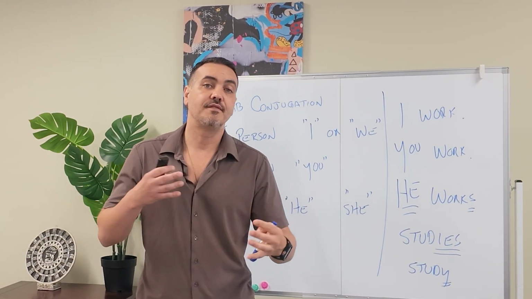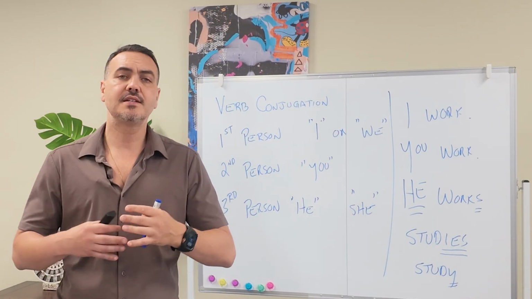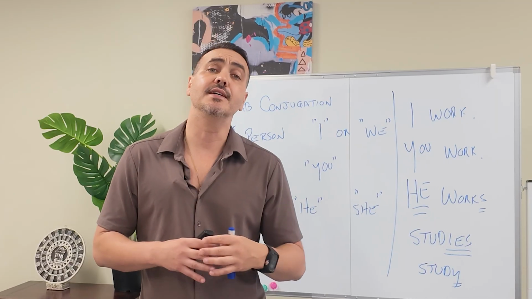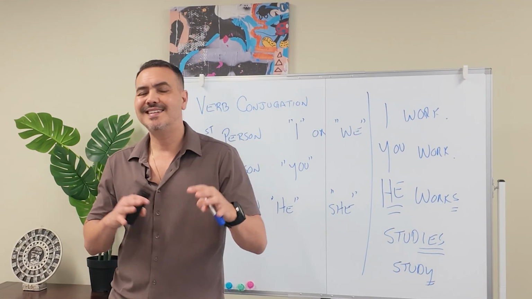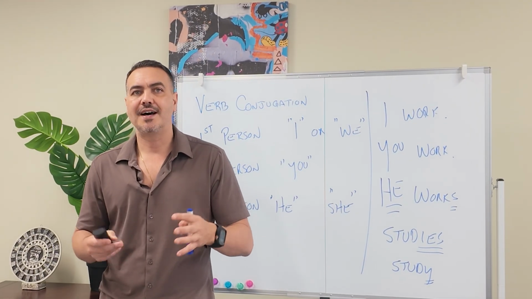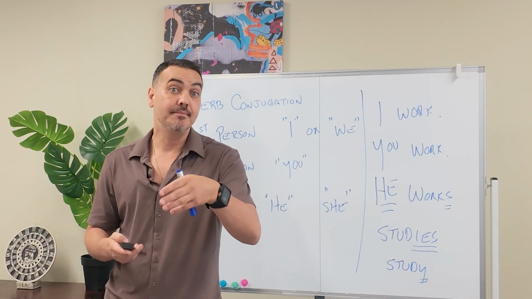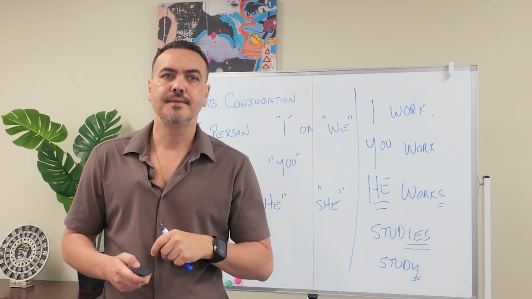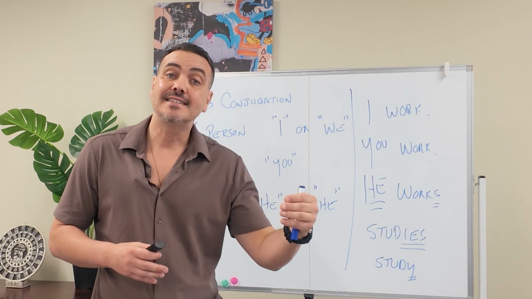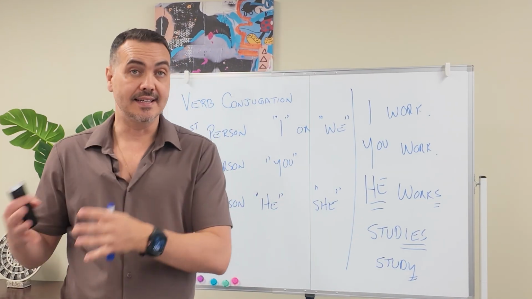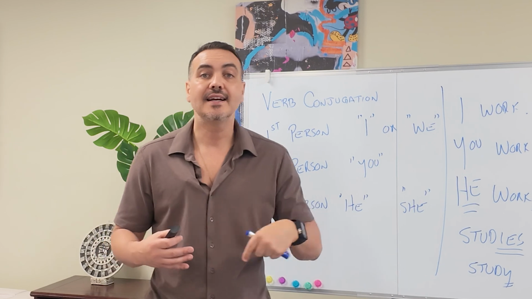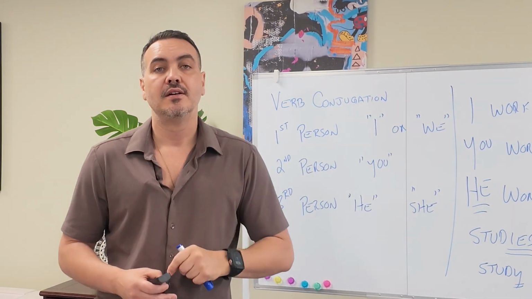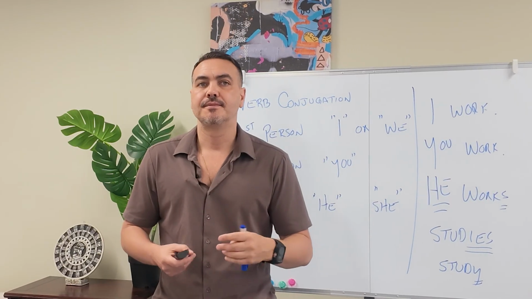So let's look at the verb to be. This is always an important one. This verb is irregular. And it means it doesn't follow the normal pattern. When we say I am, you are, okay? He is, she is, we are, they are. Okay, so let me give you some examples.